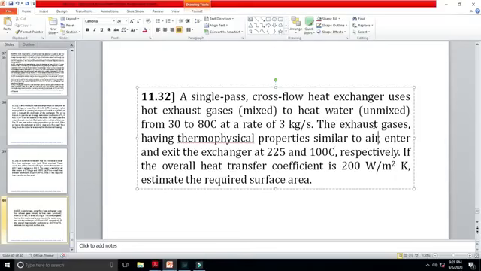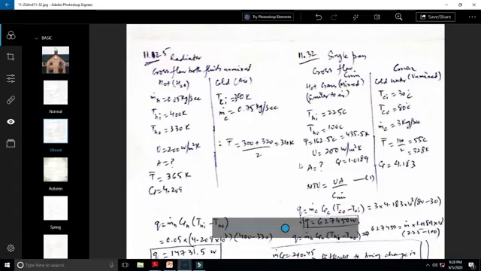The exhaust gases, having thermophysical properties similar to air, enter and exit the exchanger at 225 degrees and 100 degrees respectively. So this would be T h in and this would be T h out. So we are given the values of T h in as 225 and T h out as 100.